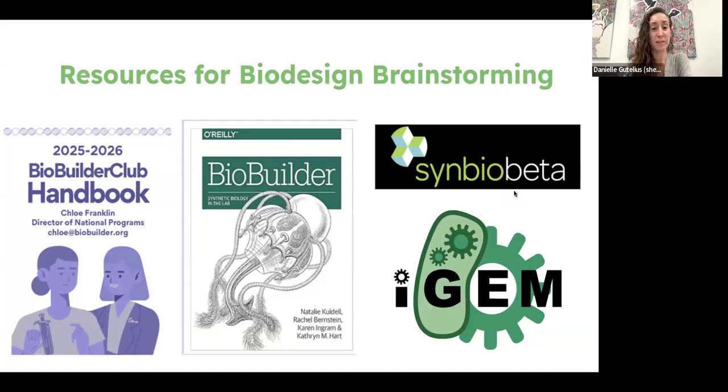Or you can take a system that already exists and see if you can tweak it to detect something different, right? Or maybe the output is something different, but the basic system somebody else made is still intact. It's just going to sense something different now. So you're going to have to change a few pieces of the parts, but you're not starting from scratch, right?